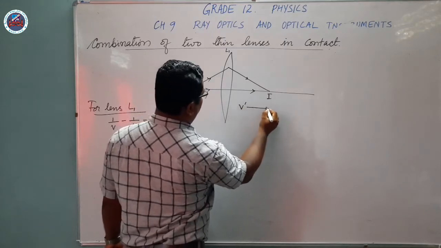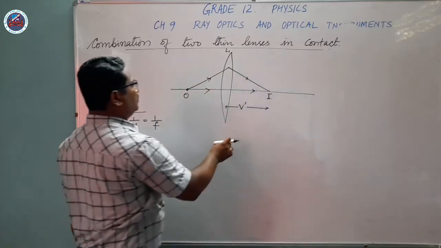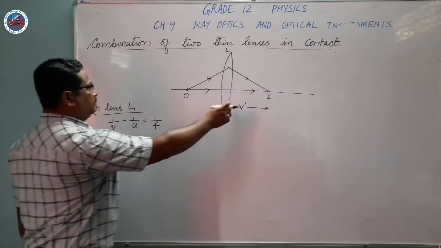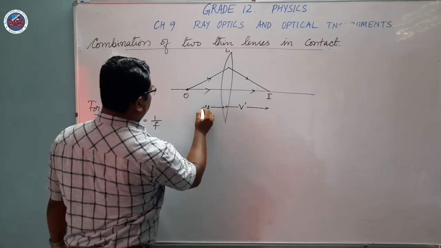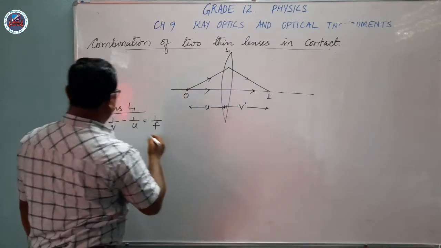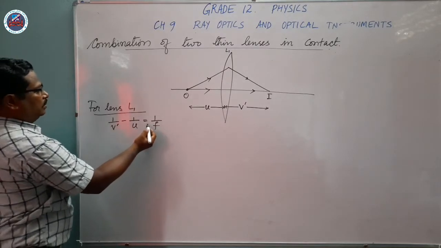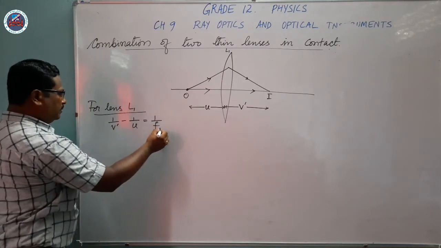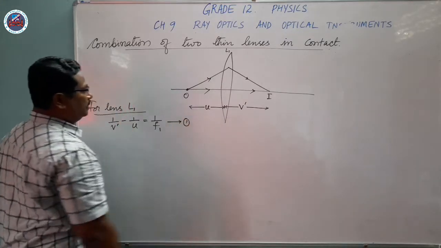This is a virtual image of the first lens. This is the image of the first lens. This is the object distance U. So I'll write this as V dash. 1 by V dash minus 1 by U equal to 1 by, let us take the focal length of the first lens as F1. I'll write equation number 1.